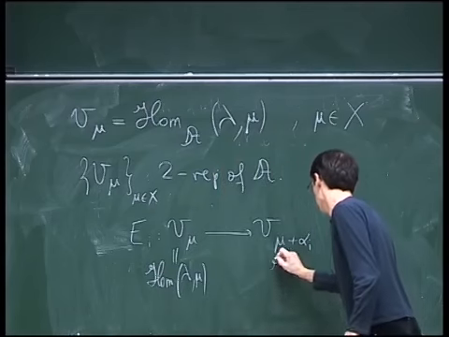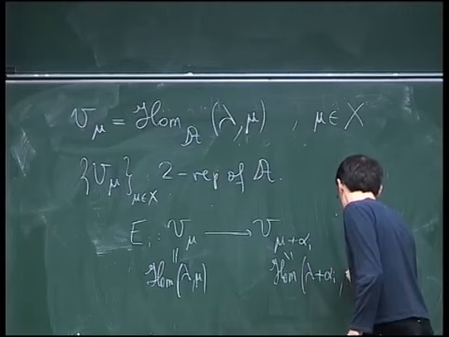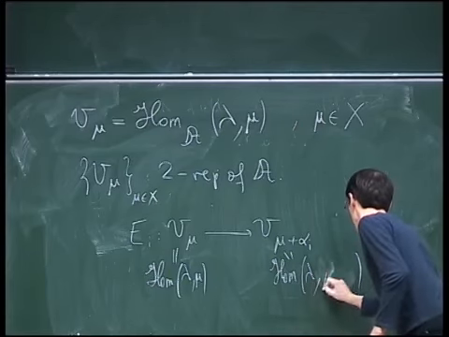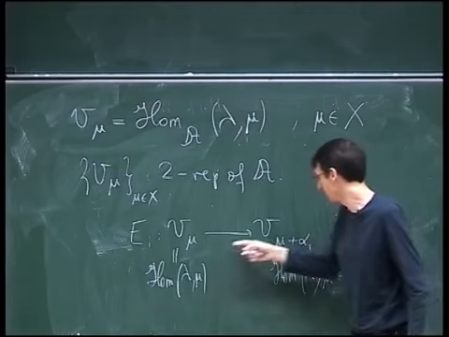This is the category lambda, mu plus alpha i. Okay, I think it's lambda, mu plus alpha i, better like that. So there's an obvious way to go from here to here.